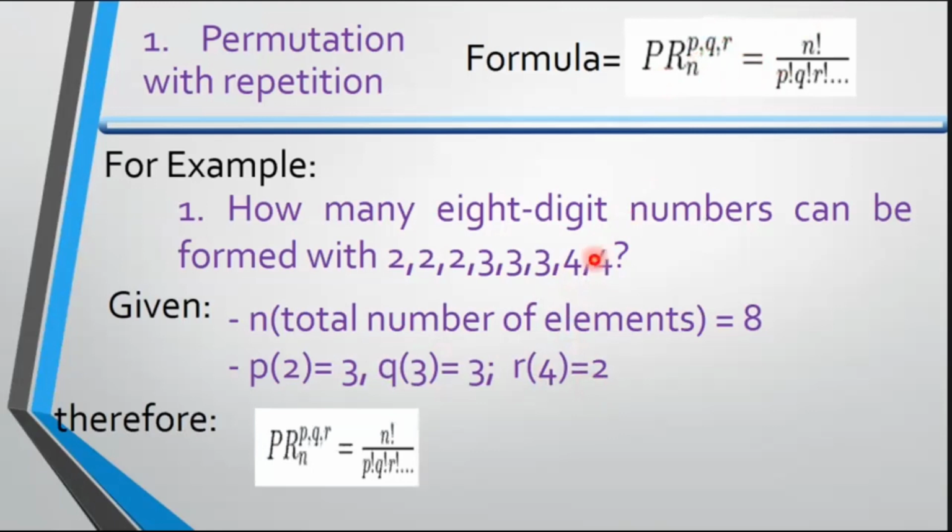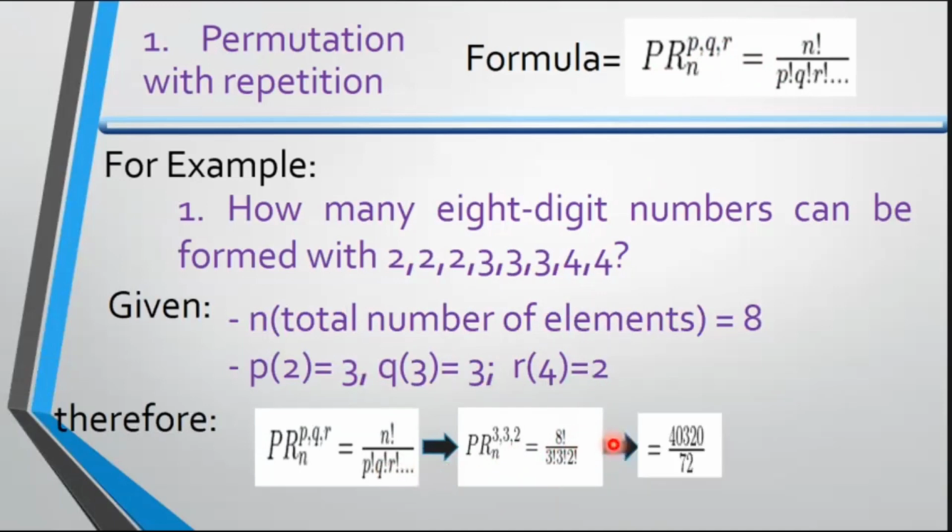we will substitute the above values in the formula below. And by simply solving the factorial of 8, 8 times 7 times 6 times 5 times 4 times 3 times 2 times 1, which is 40,320. The factorial of 3 is 3 times 2 times 1, which equals 6. Then this other 3 is also 3 times 2 times 1.